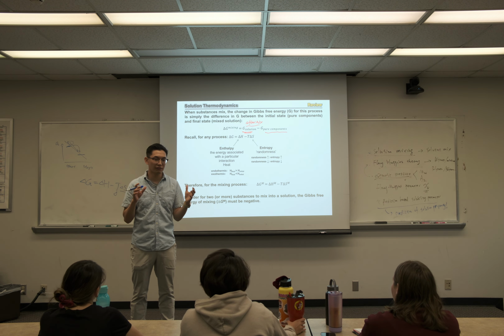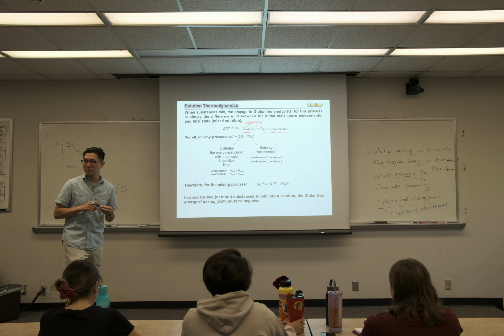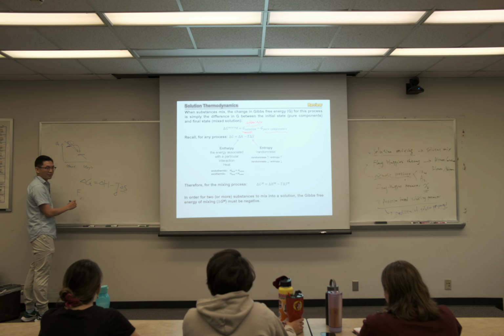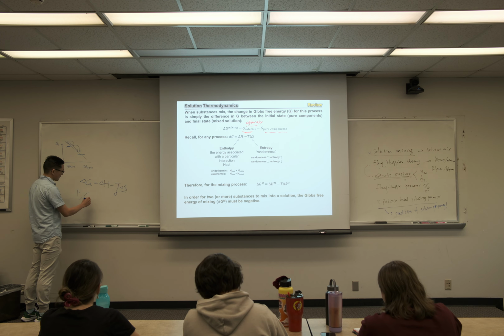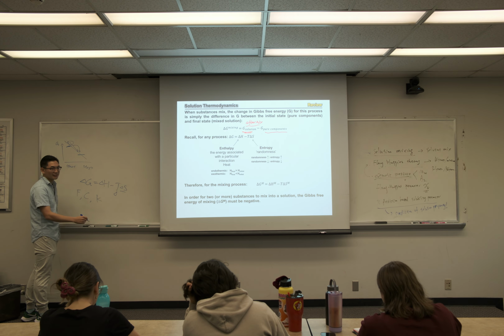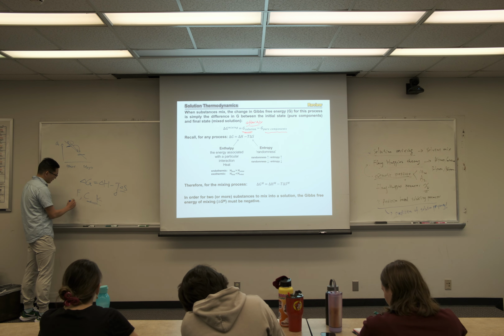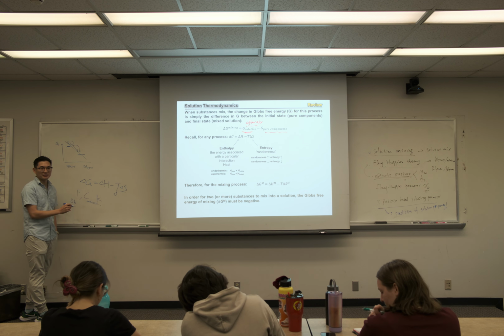T is usually given in units of Kelvin. For those who are not fully familiar with it, we have several systems in the US. We have Fahrenheit, we have Celsius, and we have Kelvin. 0 Kelvin is absolute zero. You can't reach that.